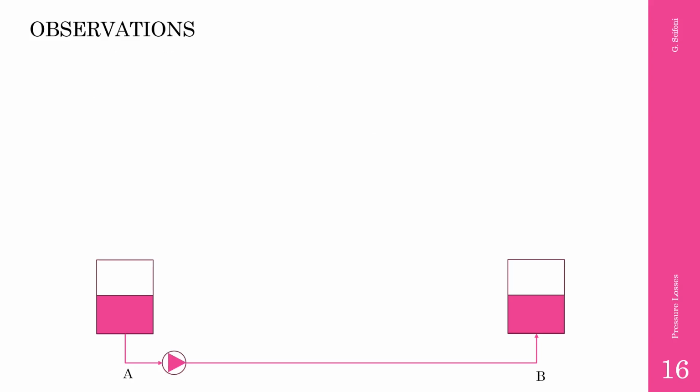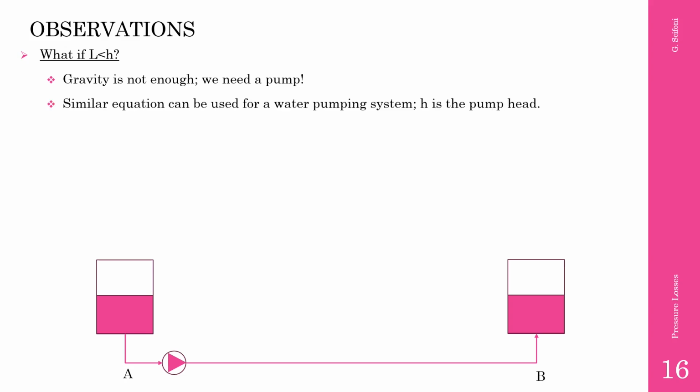Now we want to see some extension of the application seen up to now. For instance, what happens if the length of the pipe is less than the required differential height? In such a case, the gravity is not enough to produce the desired flow rate. We need a mechanical pumping system.